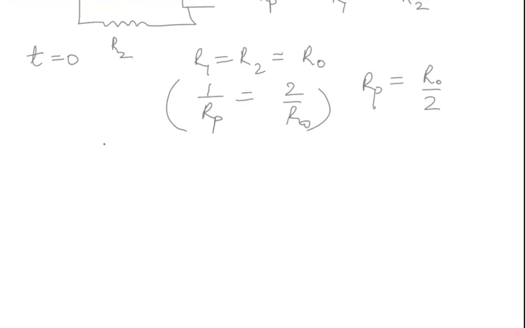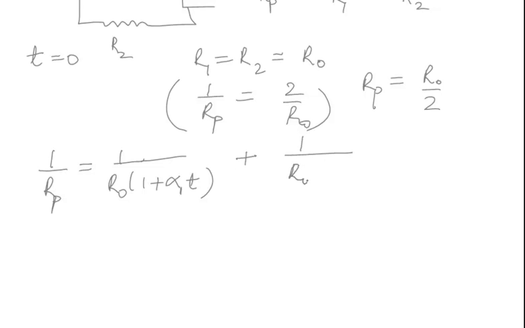But if you increase the temperature, then the resistance would be different, and in that case the effective resistance in parallel would be 1 upon R0(1 plus alpha 1 T) plus 1 upon R0(1 plus alpha 2 T).